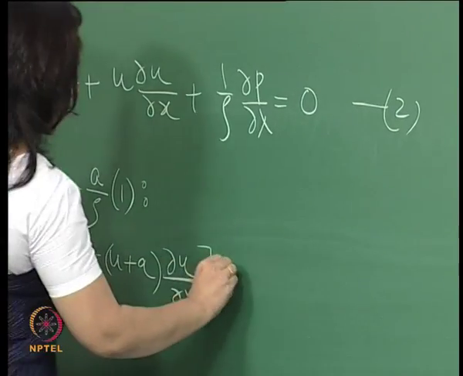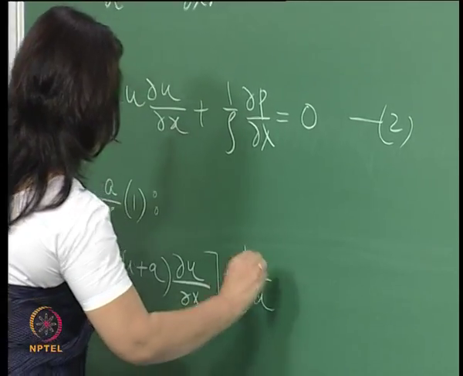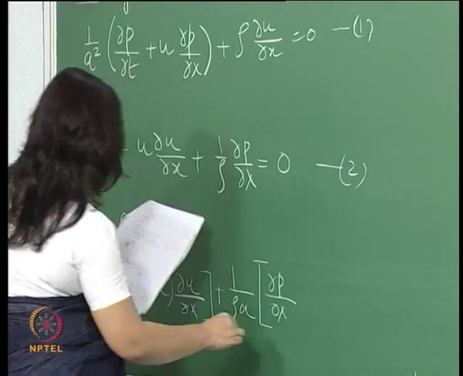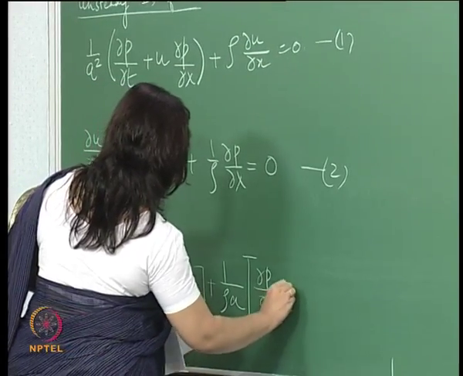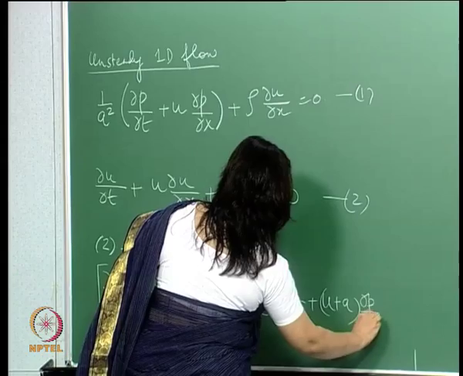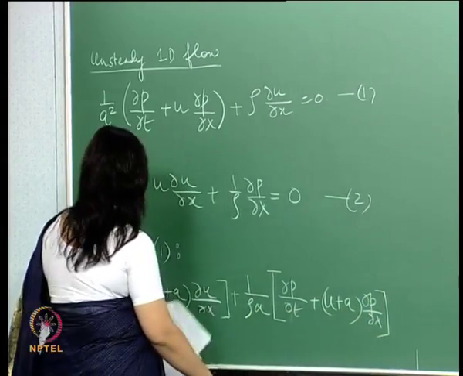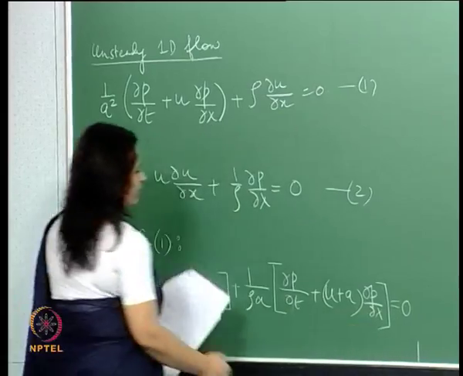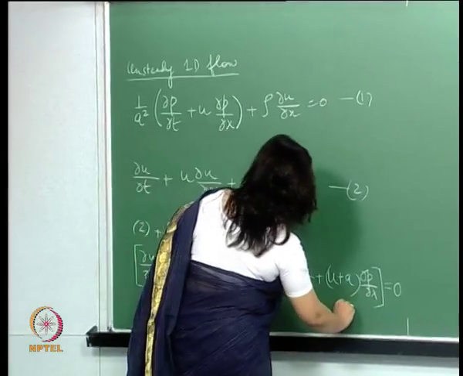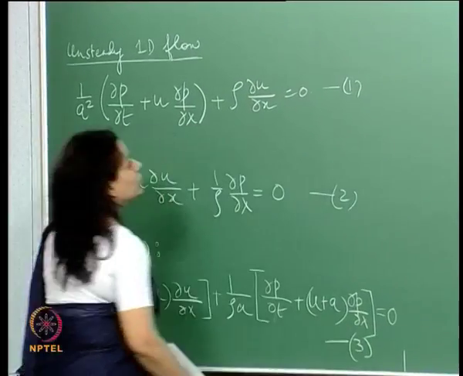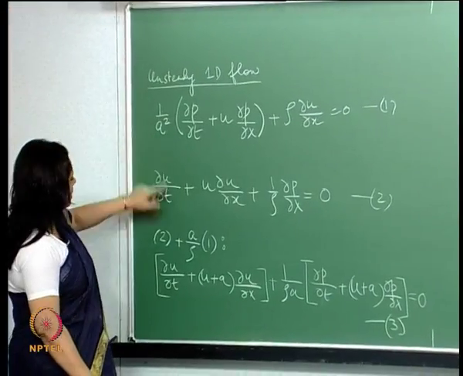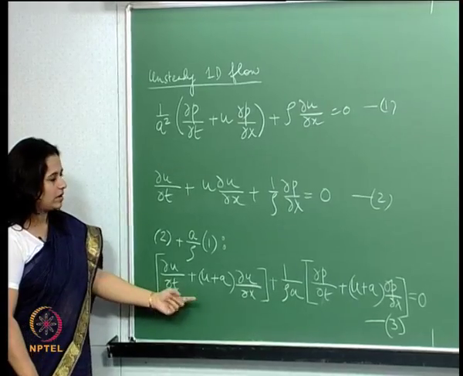Okay, right, this is what we get. Let us call this equation 3. So this is what I did: I multiplied the first equation with a by rho and added that to this, so I end up with this.